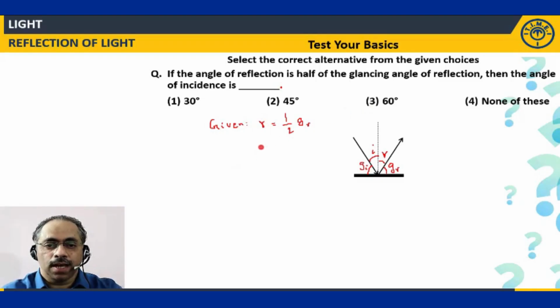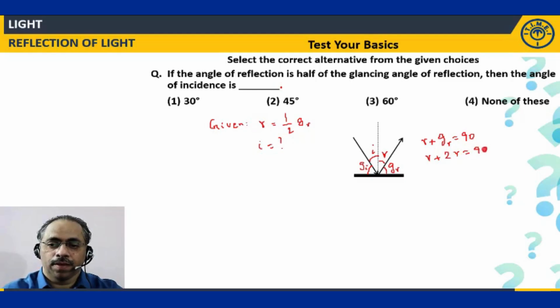What is asked? Angle of incidence is equal to how much? Okay. Now R plus GR is equal to 90. I know it, right? R plus GR is equal to 90. So when GR is equal to 2 times R, that means instead of this I can write R plus 2R is equal to 90 degrees.